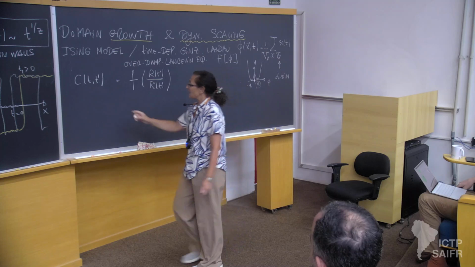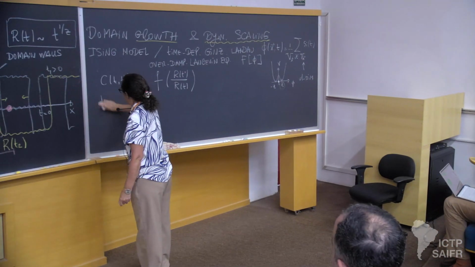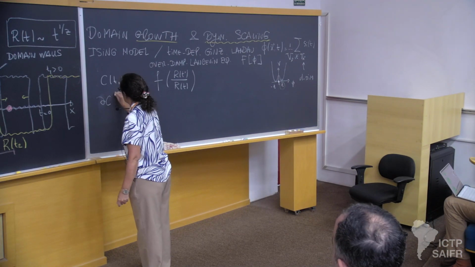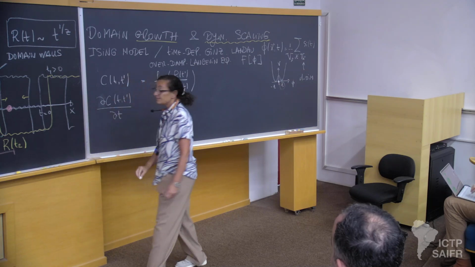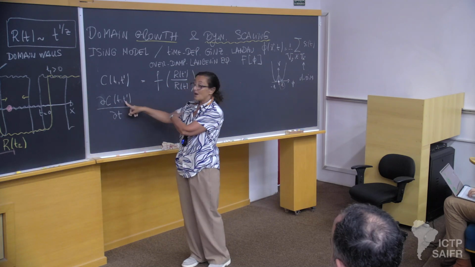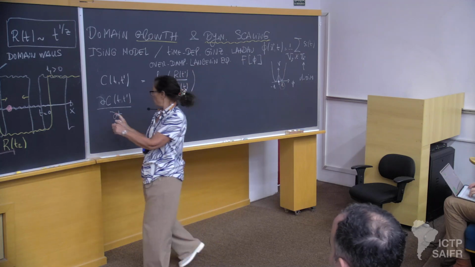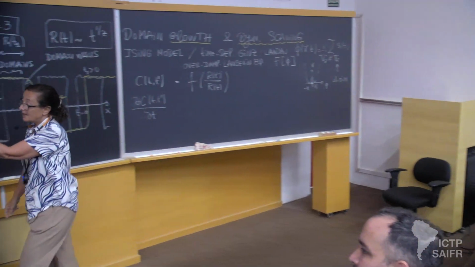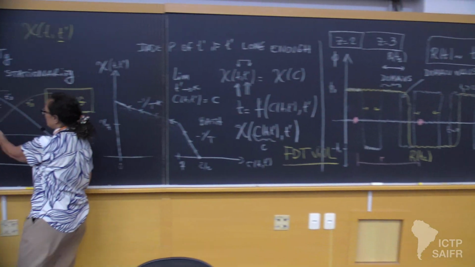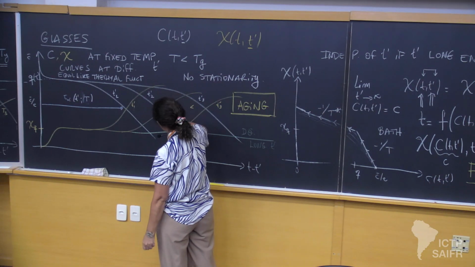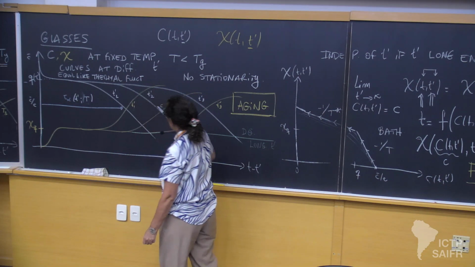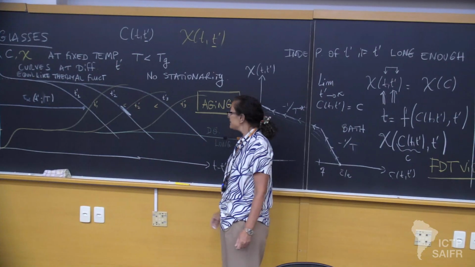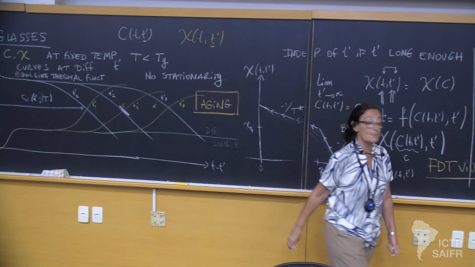Imagine that you take the derivative of c with respect to time t. So I fix t prime, and I look at how the correlations here change with t. So it's like getting, in one of these curves, and I see what the slope is over there. This is what I'm measuring here.